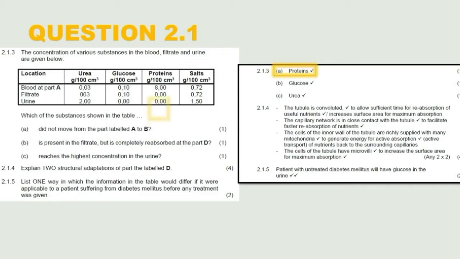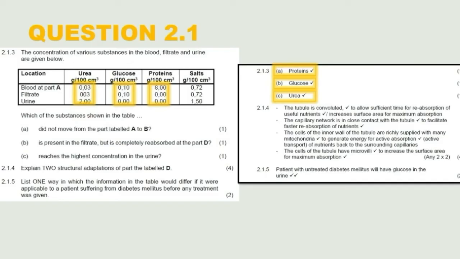If we move to the next one, it says which of the substances shown in the table reaches the highest concentration in urine. If we go to our table, you will see that it's urea, because urea has the highest value for grams per 100 cubic centimeters in the urine. So that's excreted from the body.